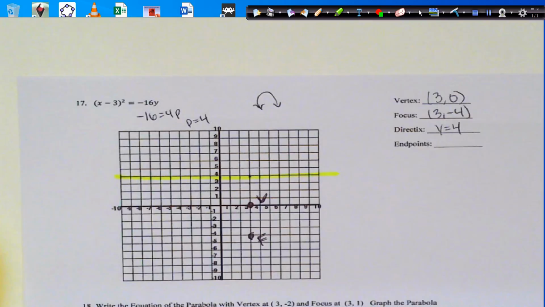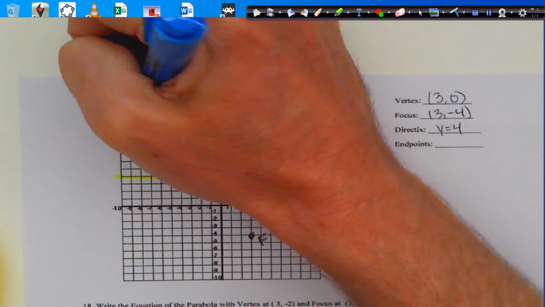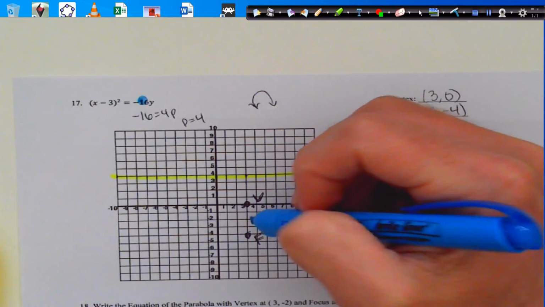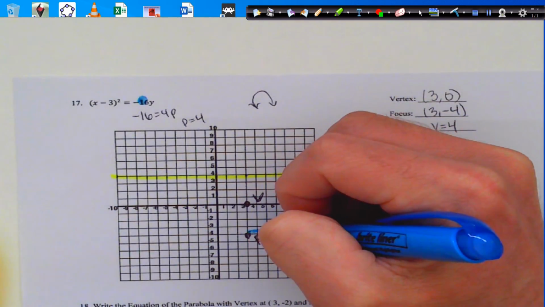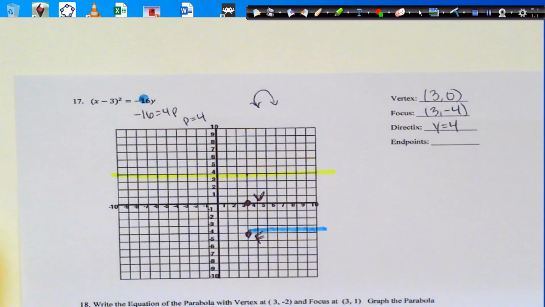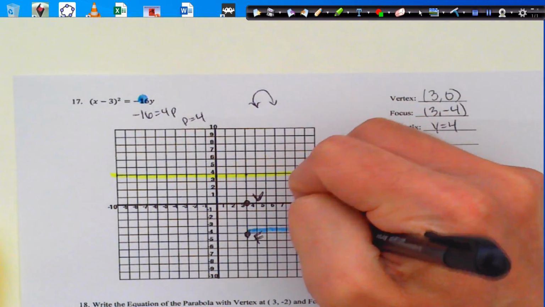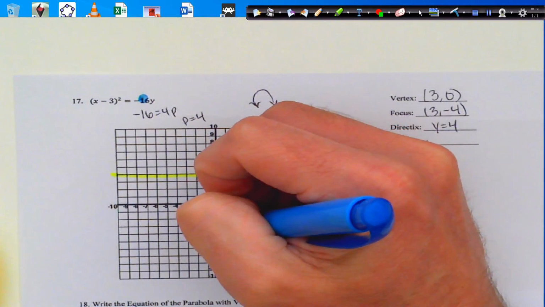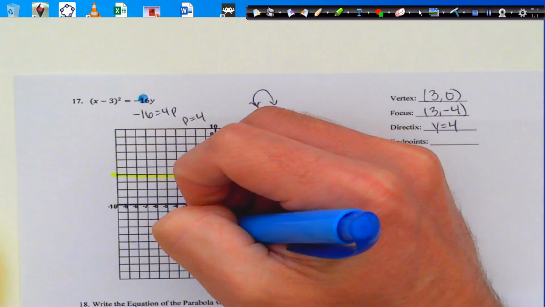All right, and then last but not least, we said this number, 16, is how long the latus rectum is. If I go half of that, I'm going to go 8 in one direction. So 1, 2, 3, 4, 5, 6, 7, 8. Which puts me all the way over at 11. I'm going to go 8 in the other direction. 1, 2, 3, 4, 5, 6, 7, 8.